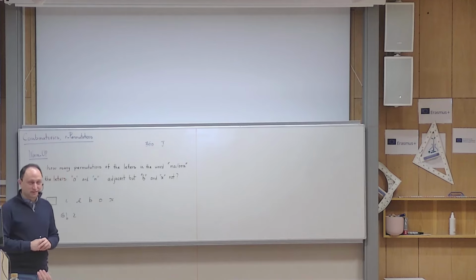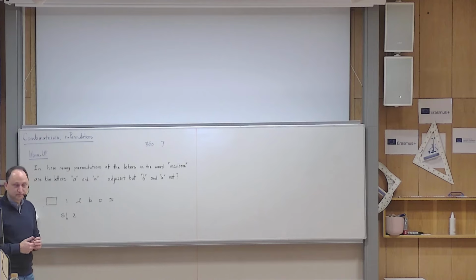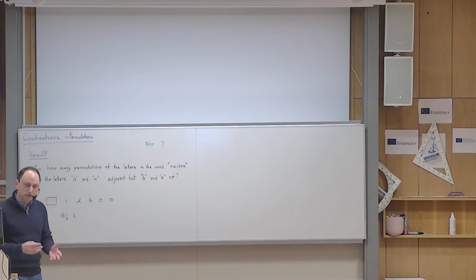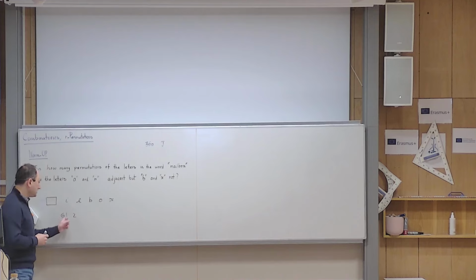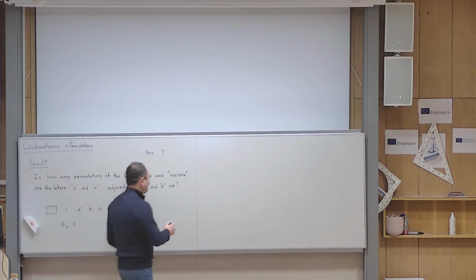You can find all the permutations where B and X are next to each other, and take 6 factorial times 2 minus that number. Yeah, so the complement rule somehow. Yes, that is the correct idea, because this only cares about whether A and M are next to each other. It doesn't care anything about that. So what we do is this.